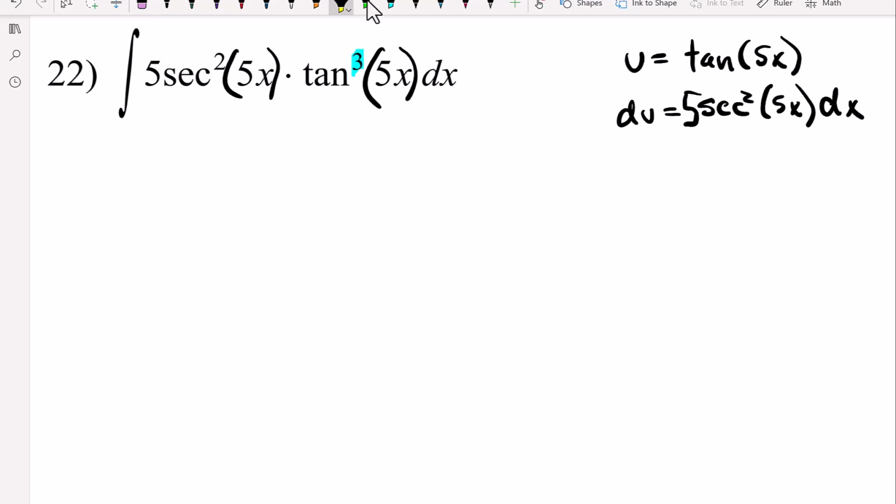So this whole thing right here, 5 secant squared 5x dx, we can now replace all of that with du.